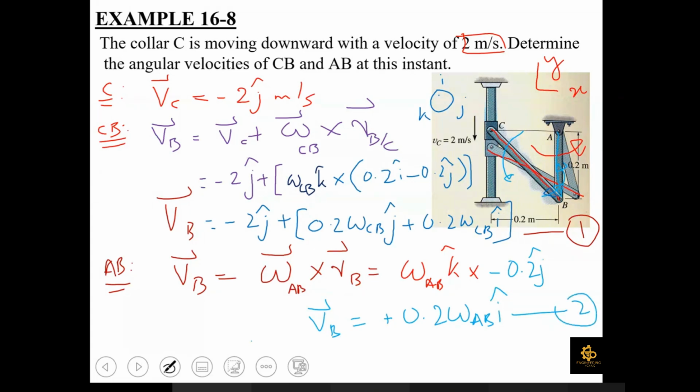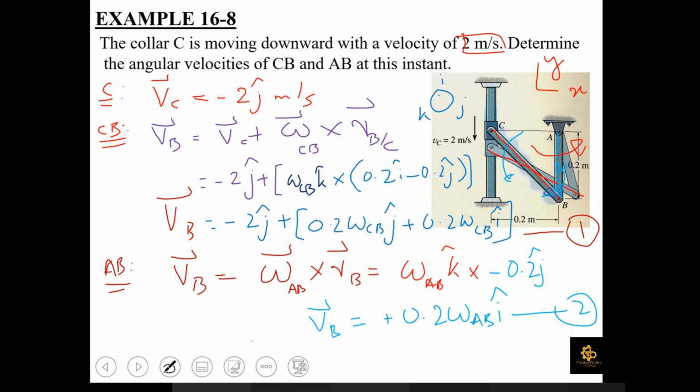Now, equation 1 and equation 2 both represent the velocity of point B. In one we found it with respect to link CB and in the other with respect to link AB. But since point B is a common point connecting those two links, it should have the same absolute velocity. It means that equation 1 and equation 2 can be equated, isn't it?